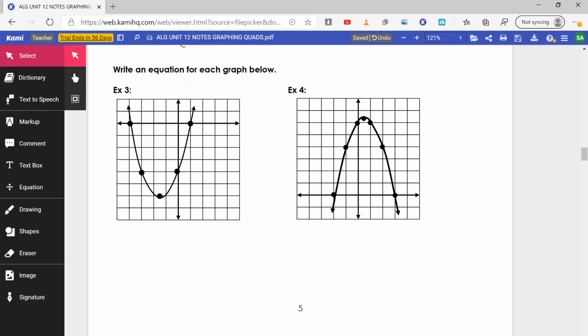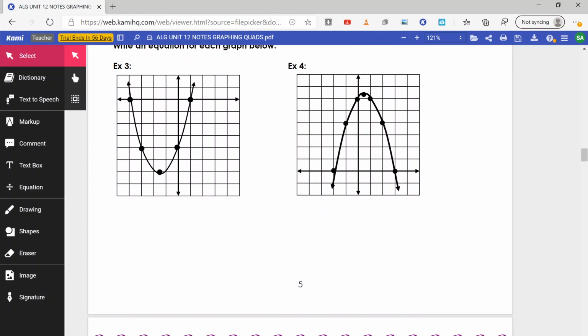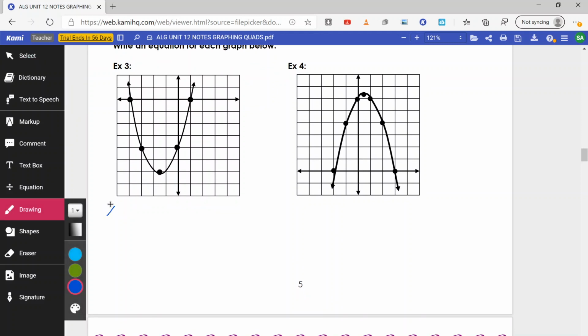First things first, we state what the solutions are. So here we have x equals, and from our origin, 1, 2, 3, 4, we go left 4, so -4, and x equals, we go right 1.